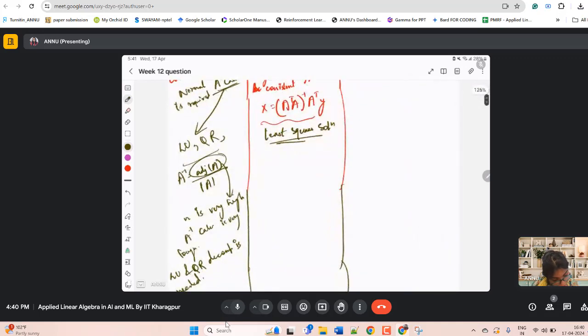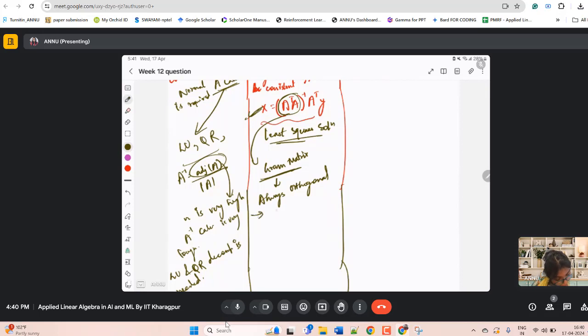So if least squares is asked, what you have to do is calculate using this, but still this matrix will be there. This is also called the gram matrix. Do you know what is the property of an orthogonal matrix?